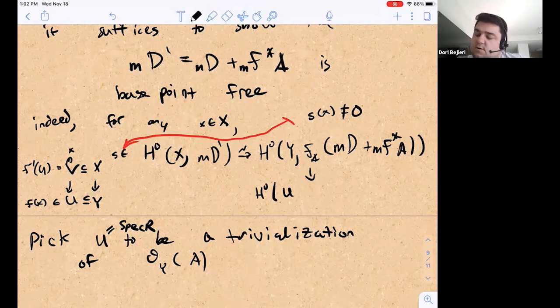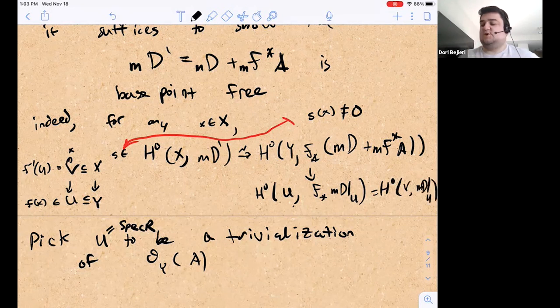So this is just some section of the pushforward of mD restricted to U, which is the same as a section on V of mD restricted to U. And so we've shown that if we assume that D' globally has sections that don't vanish at x, then D locally has sections that don't vanish at x, i.e. that it's base point free. Okay, so sorry I kind of bungled that a little bit, but are there any questions about that step?